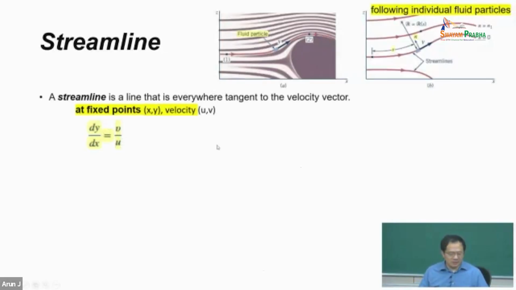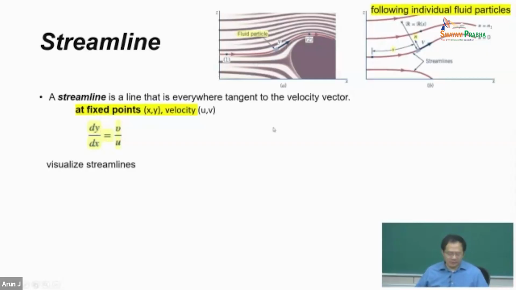That is the streamline function. Basically, from the velocity vector V, u is in this direction and v in this direction, and this is the direction dy/dx. So that is the streamline function.